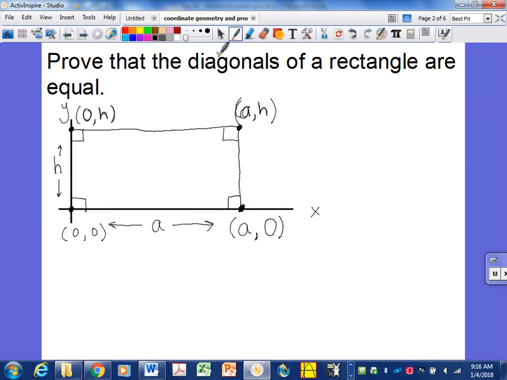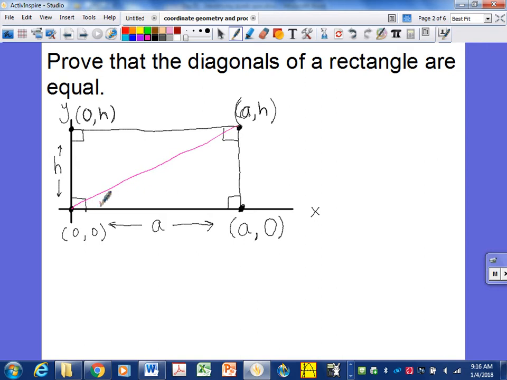Okay, so we're asked to prove that the diagonals of a rectangle are equal. So let's draw in and do this one at a time. Let's do this one first. So here's our diagonal that goes from the origin to the point A, H. That is a diagonal. It connects a corner to a corner.